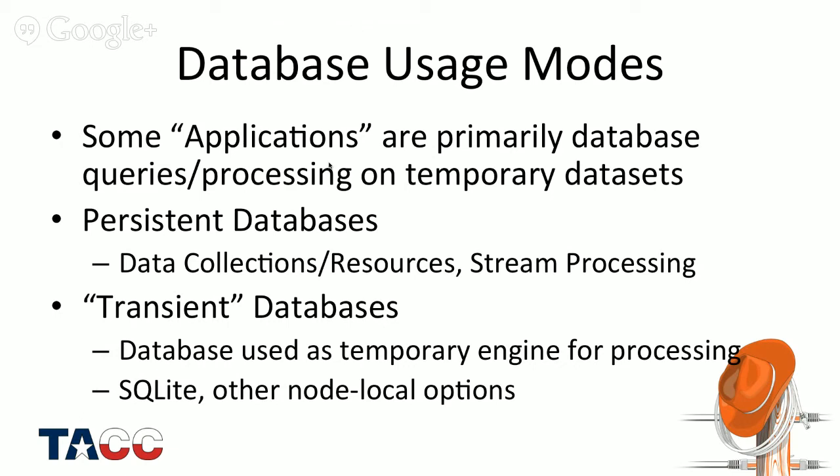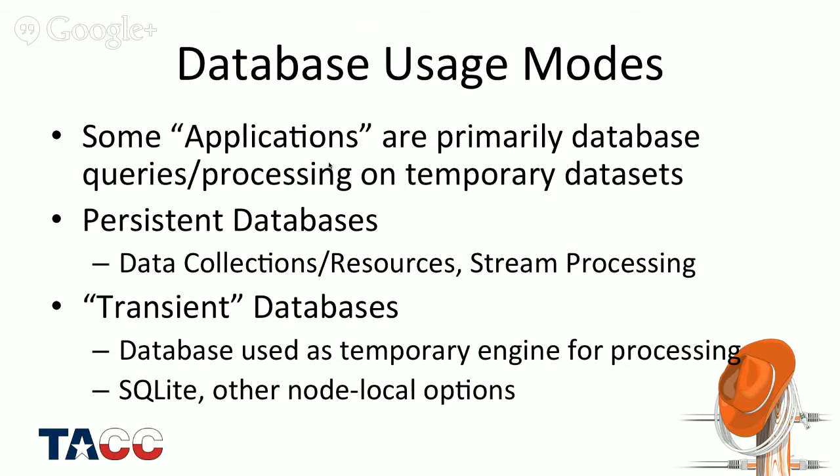So in addition to persistent databases, which is the model that you're probably thinking of if you're thinking about having a database, it's a server that's always there, it's always on the network. The database service is always up and available.